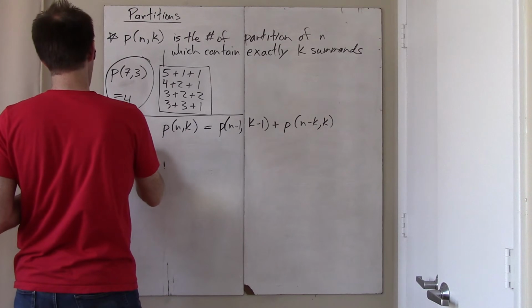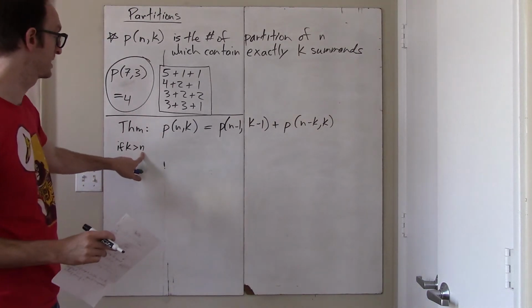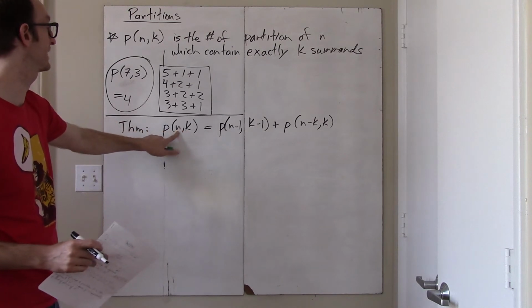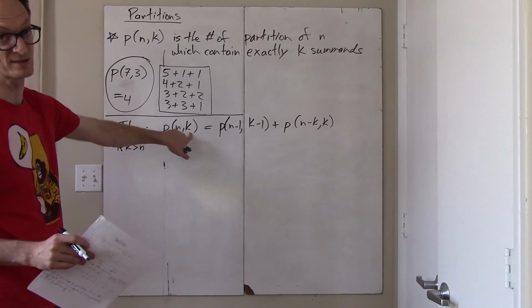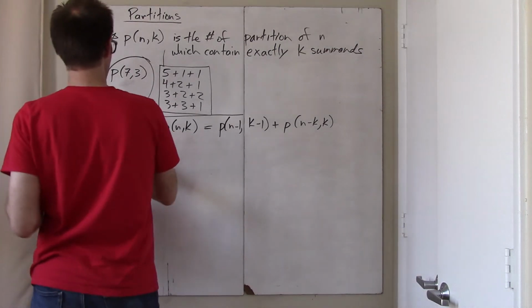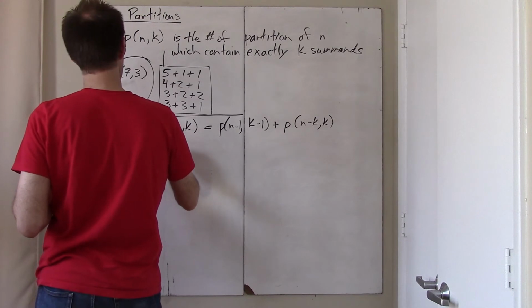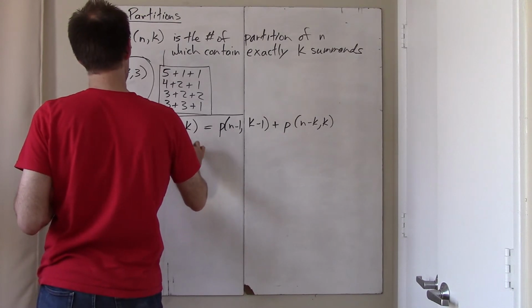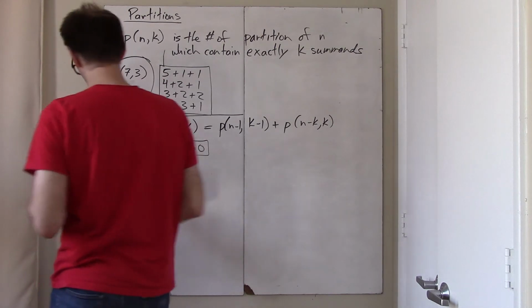If k is greater than n, well, that's just silly, because you have only n puppies, so you can't divide those puppies up into more piles than there are puppies. So if k is greater than n, then P(n,k) is 0. That's obvious fact number 1.